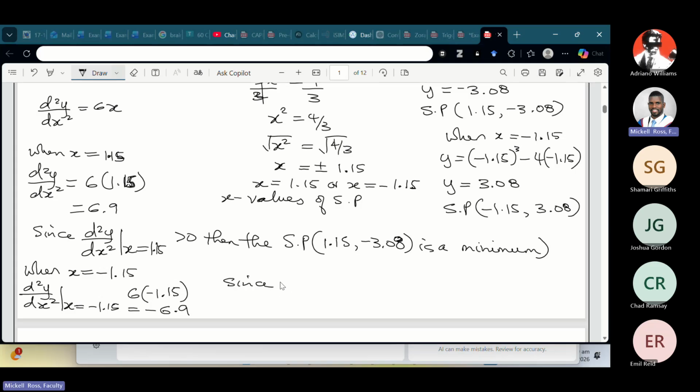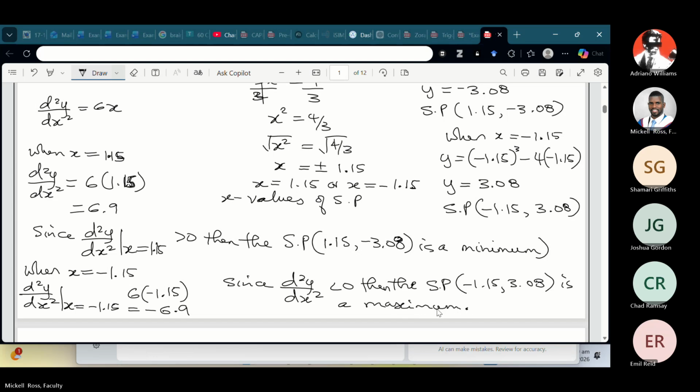So since the second derivative is less than 0, then the stationary point at negative 1.15, 3.08 is a maximum. All right, so we're going to get a maximum.